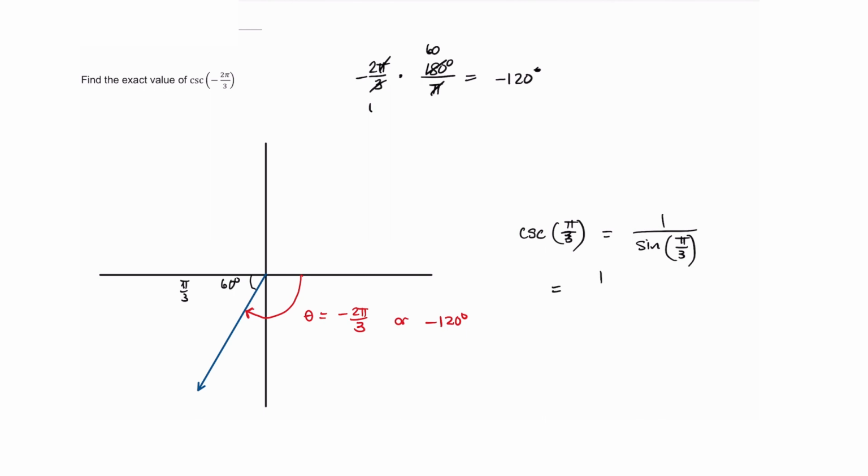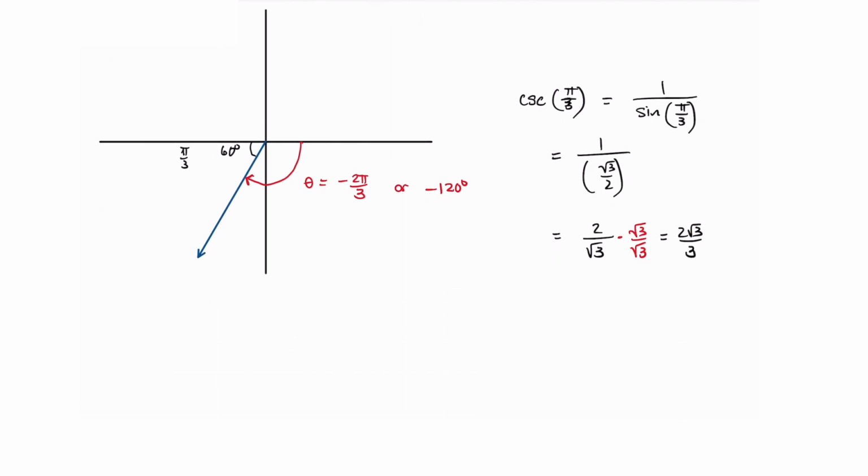So that means this is 1 divided by the square root of 3 over 2, which means just the reciprocal of root 3 over 2, which is 2 over square root of 3. Now, before we get to adjusting this for sign, I'm going to rationalize the denominator, and that gives us 2 square root 3 over 3.